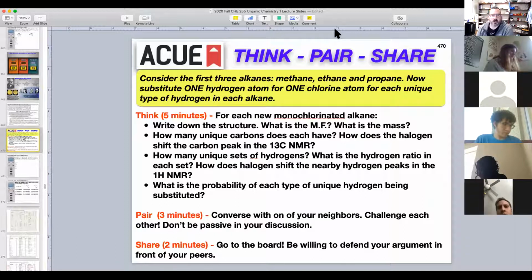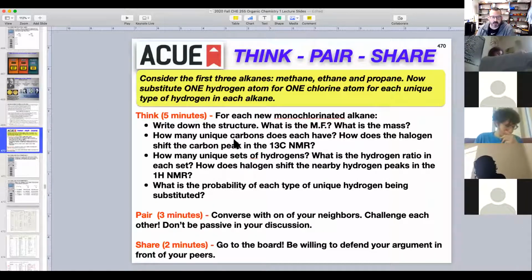So again, if you just joined us, we're considering this prompt where you take the first three alkanes, methane, ethane, propane, and you're substituting a hydrogen atom for a chlorine. At this point, we're not considering the mechanism of how that happens. We're just considering what the product is and comparing them with these prompts here.